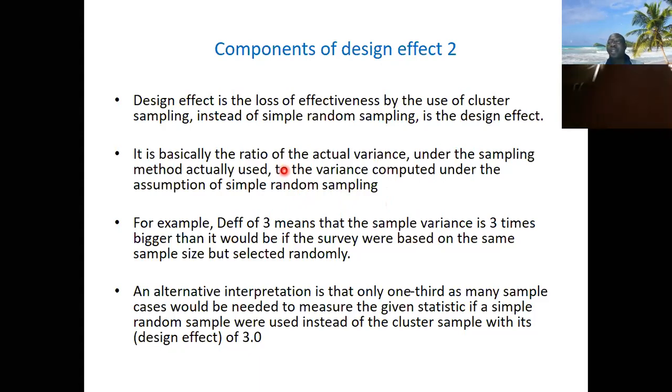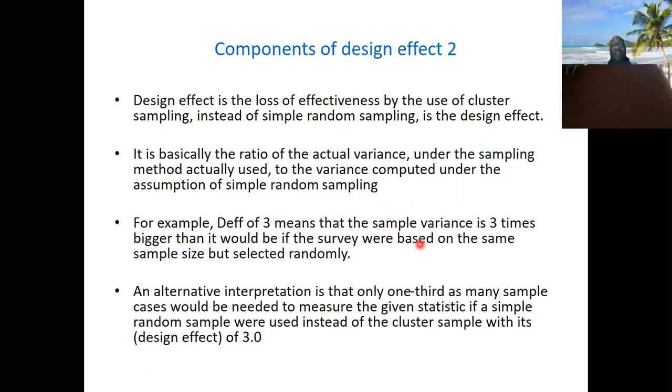Because in cluster sampling, it is the cluster you sample. Once you sample the cluster, every eligible element in the cluster is examined, is part of the study. So it's a drawback. But unlike simple random sampling, where each element is from different places, the clustering effect is not there.